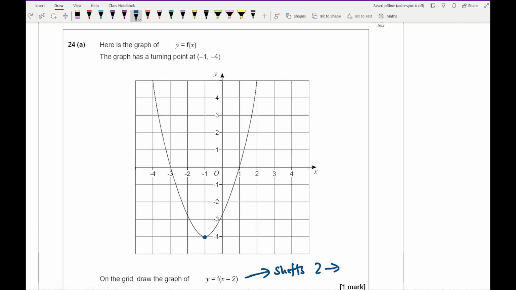So if I identify the 5 main points, I want to shift each of those points 2 places to the right, and what that then becomes is those orange points there. So all that's left for me to do is join those points up, in which I should get something that looks like that.